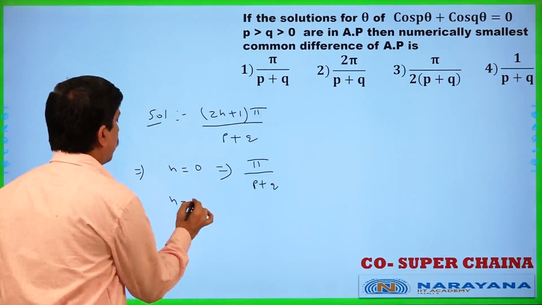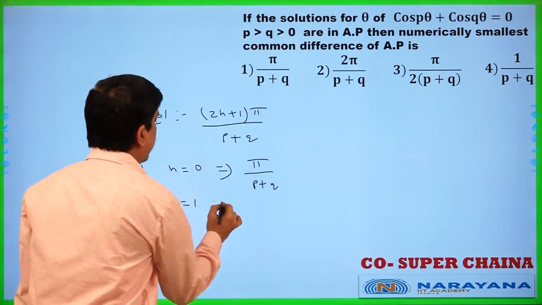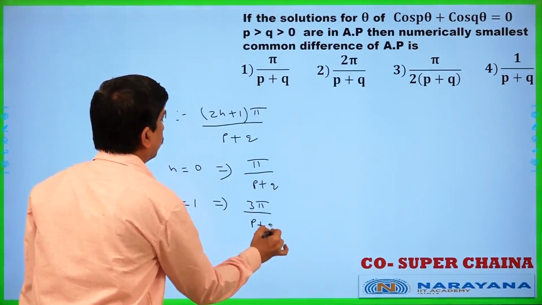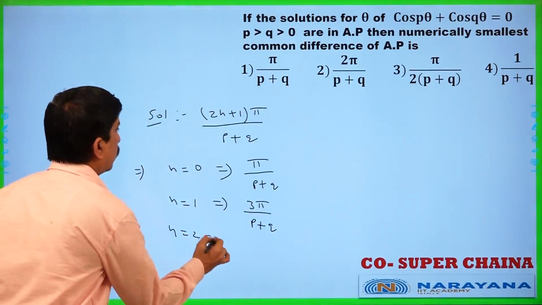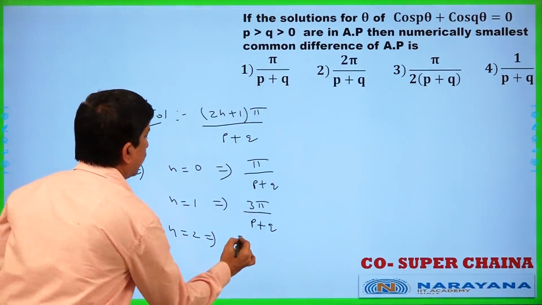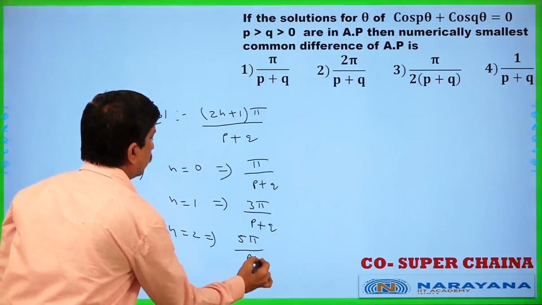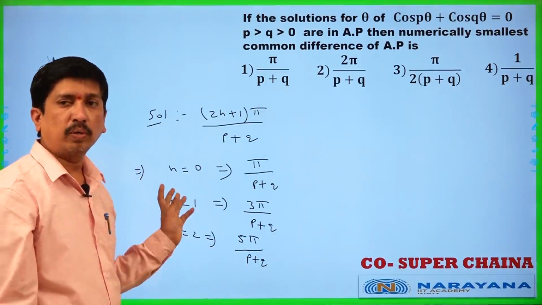N equal to 1, what you will get? 3 pi by (p plus q). N equal to 2, that is nothing but 5 pi by (p plus q). Like that, negative integers also you can pick up, n belongs to Z only.